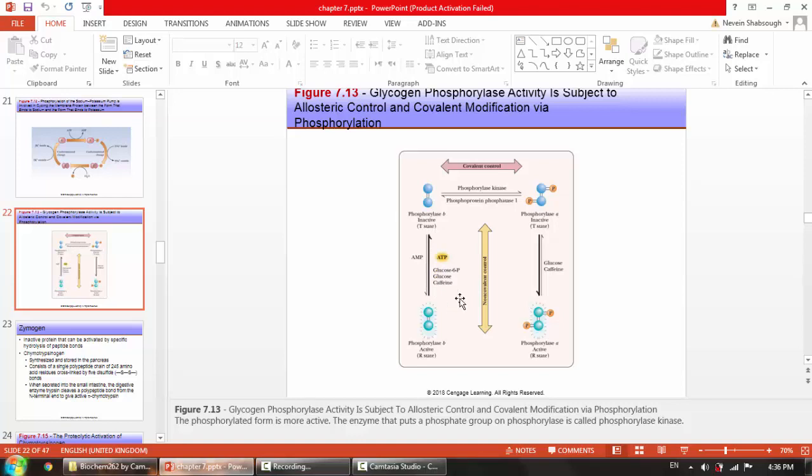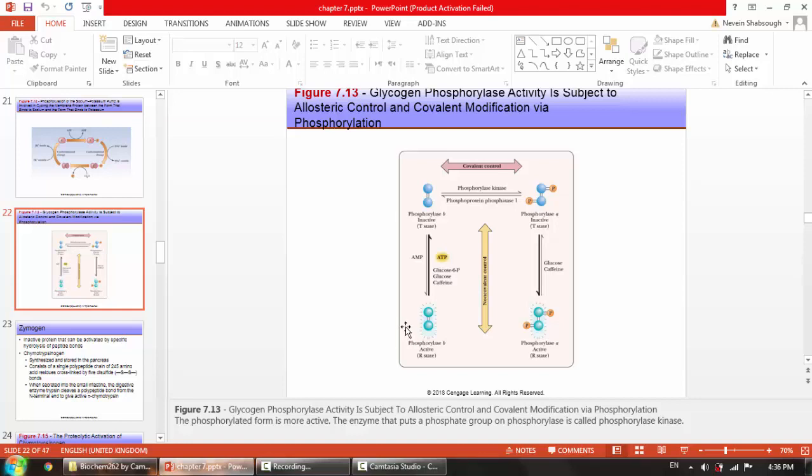Glycogen phosphorylase is thus subject to 2 types of control: allosteric regulation and covalent modification. Of course, the covalent control here is the phosphorylation, and the non-covalent or allosteric control is where these allosteric factors tend to either activate or inactivate these different forms.